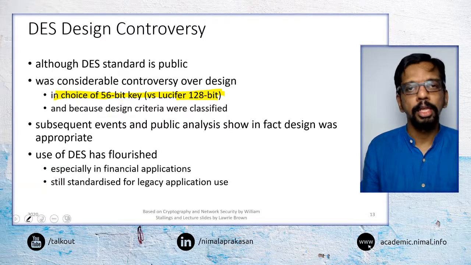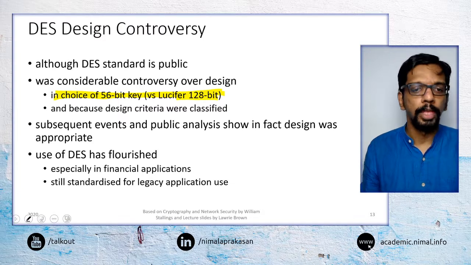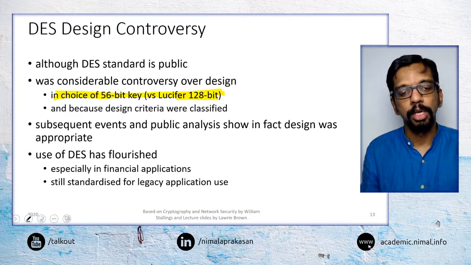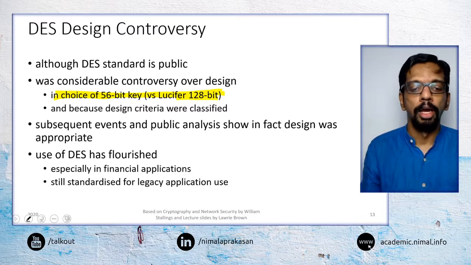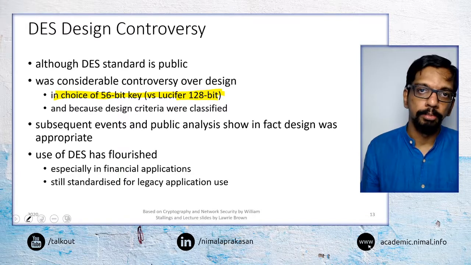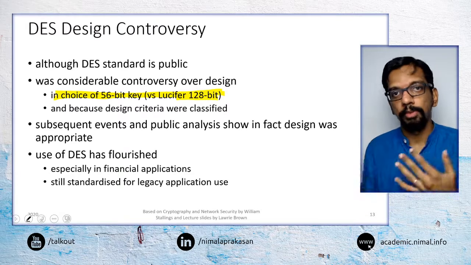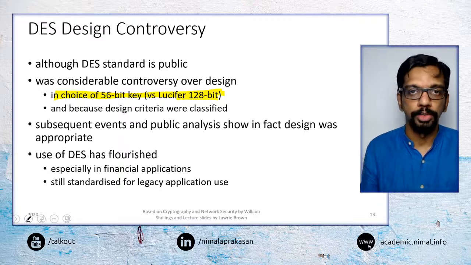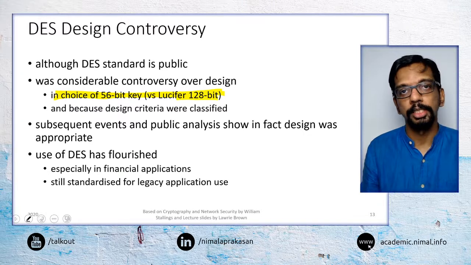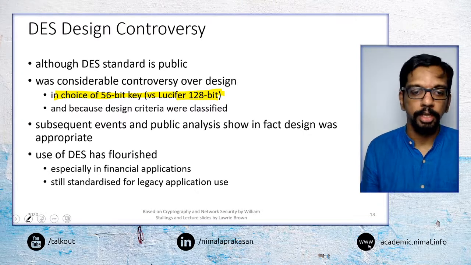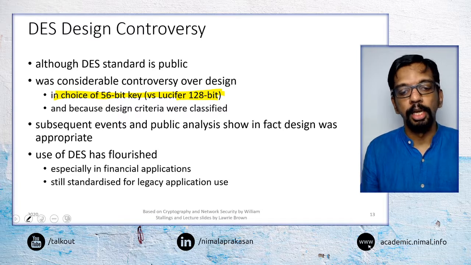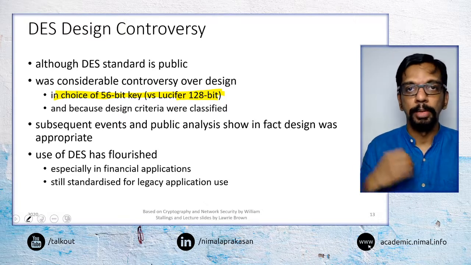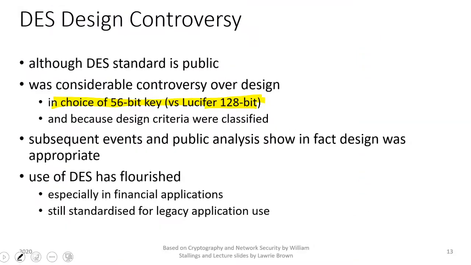So for the time when DES was introduced, that 56-bit key was a good option, so it was used. But later on, with the advancement of computing and so on, there were some shortcomings with DES. Hence, it was replaced by AES. But it still has some use in some legacy applications and so on.